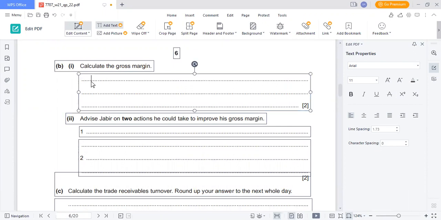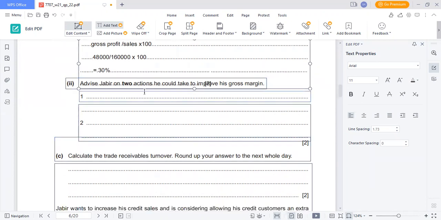For gross profit margin, we'll be dividing gross profit by sales, multiply by 100. So gross profit is 48,000. Sales were 160,000, and we'll multiply it by 100. So it will give us the answer of 30%.